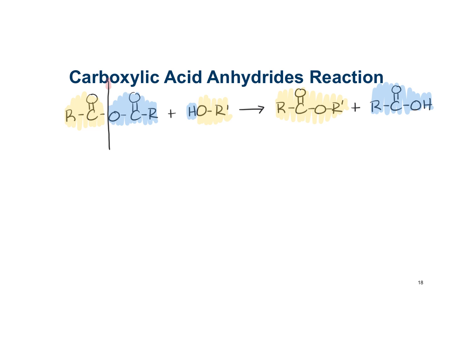So when we look at a specific example, we have CH3, C double bond O, O, C double bond O, CH3, and phenol, which is this molecule here.